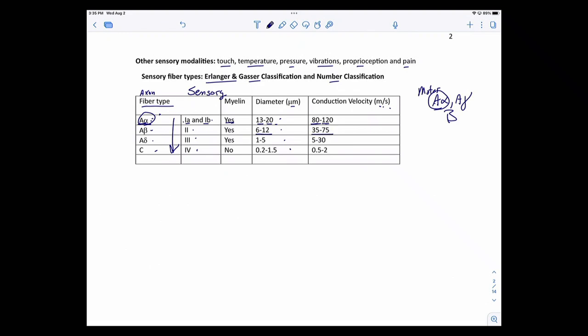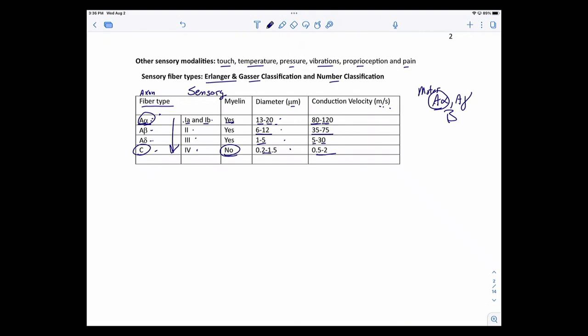And then you go to your A deltas. The A deltas are just lightly myelinated. You see, you have a big drop off. Now we're down to 1 to 5 microns, and the conduction velocity is 5 to 30. And then we get to the C fibers. The C fibers are not myelinated at all. They're the smallest fibers, and they by far have the slowest conduction velocity.